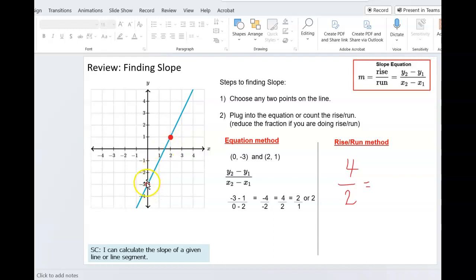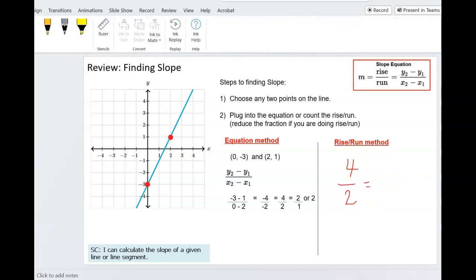So I'm just going to count. 1, 2, 3, 4 is my rise or my y value, and 1, 2 is my run or my x value, and slope is always y over x, so 4 over 2. And that can simplify to 2 over 1 or 2 as well. So we get the same slope either way with the equation or the rise over the run. I'm going to stick with rise over run for this recording because it's the quicker way to count off the graph.